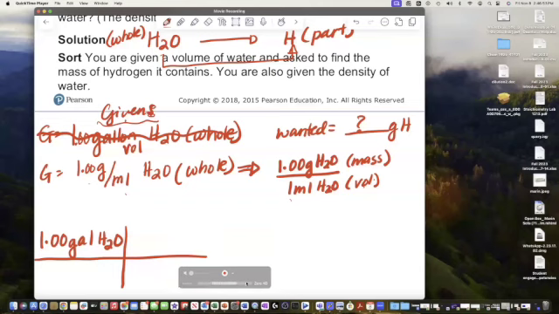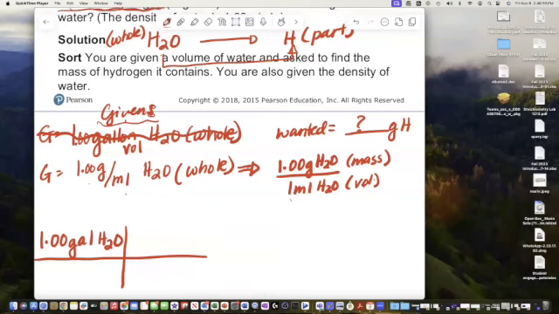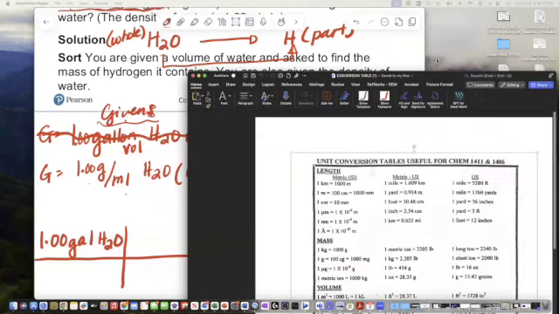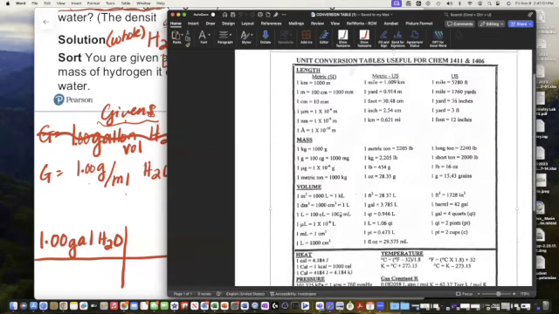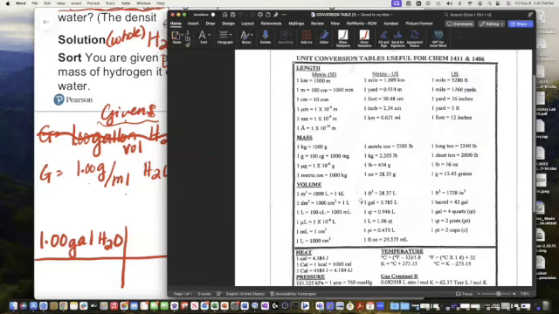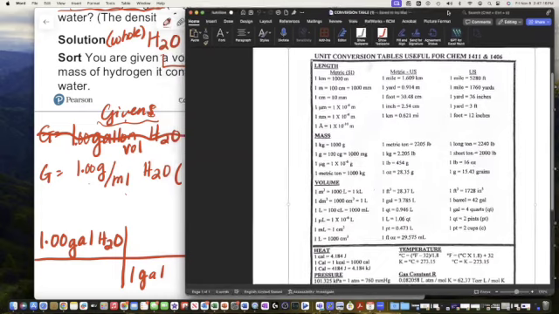So what I'm going to do here is I'm going to scoot this over. I have a conversion sheet here. Let me go to the volume section. So scroll down. I need the gallon part. Okay, so I'm scrolling over. I see a gallon right here. Oh, gallon. I got 1 gallon, 3.785 liters. I'm going to go ahead and use that. 1 gallon. Of course, my chemical here is water.